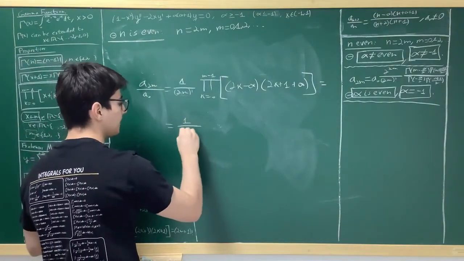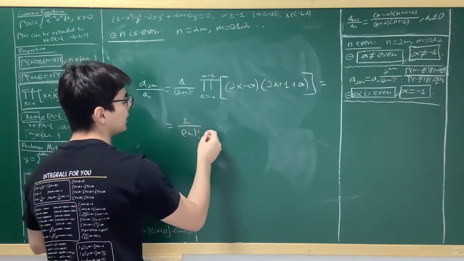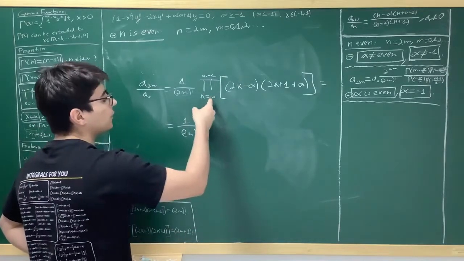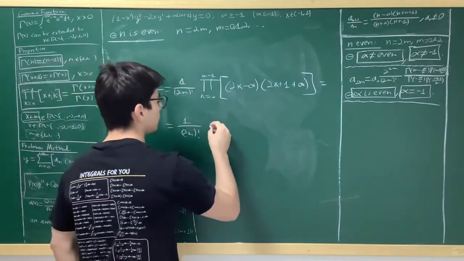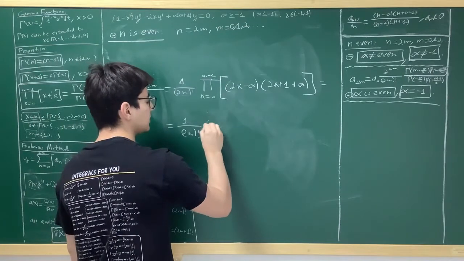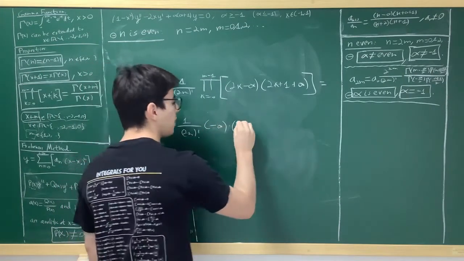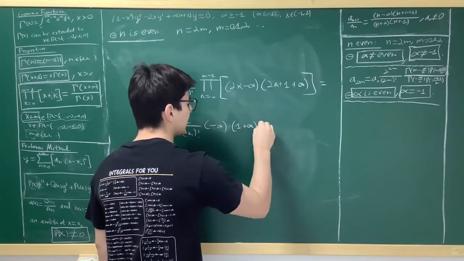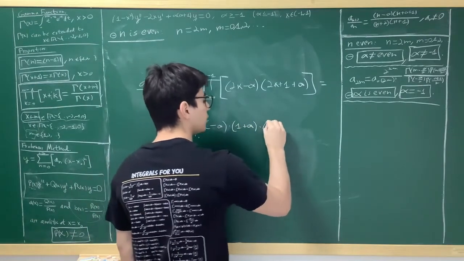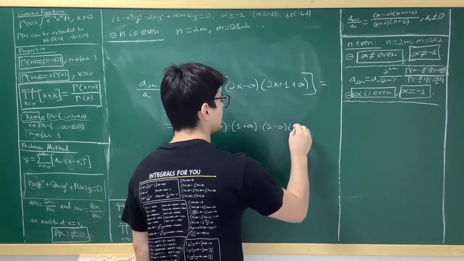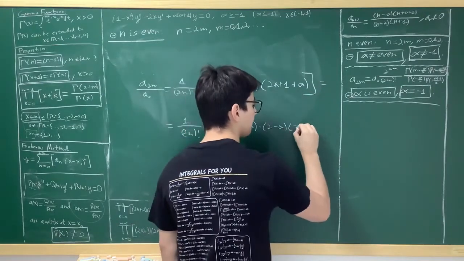They like to expand it. So if we expand it, for k equals 0, we will get minus alpha times 1 plus alpha. The next term is 2 minus alpha times 3 plus alpha.